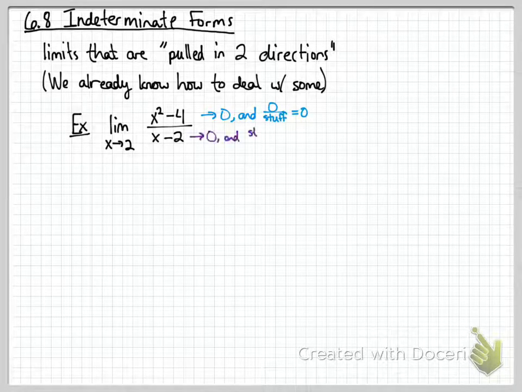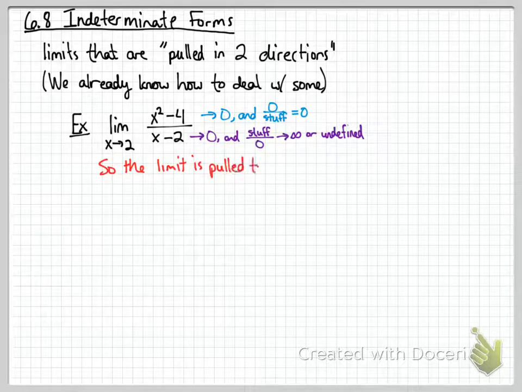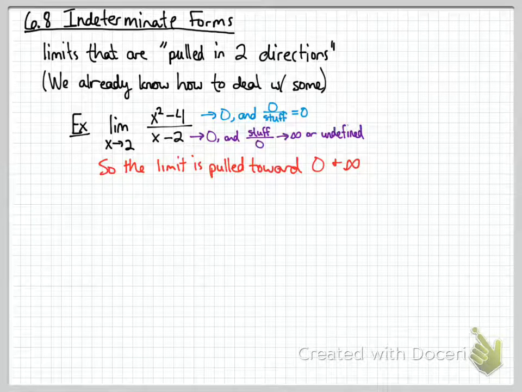However, the denominator is also going to 0, and anything with a 0 on the bottom should be undefined or maybe approach infinity. So the numerator is trying to pull this limit to 0, and the denominator is trying to pull this limit towards infinity. And so overall, the limit's being pulled both ways, and we don't know where it's going to land.